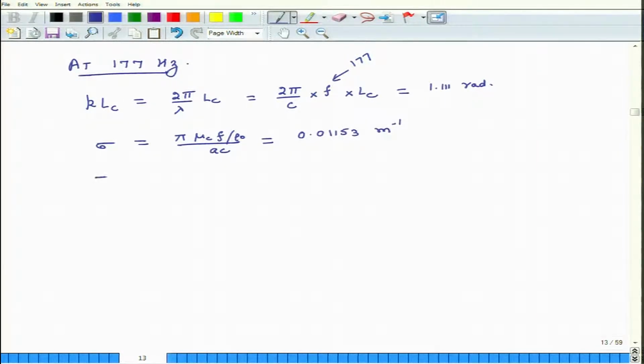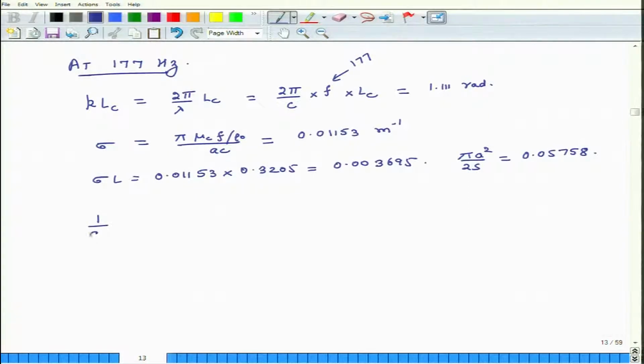So, sigma L equals 0.01153 times 0.3205, and this is equal to 0.003695. And pi A square divided by 2s we had already calculated earlier. So, I am going to rewrite that number again, this is equal to 0.05758.